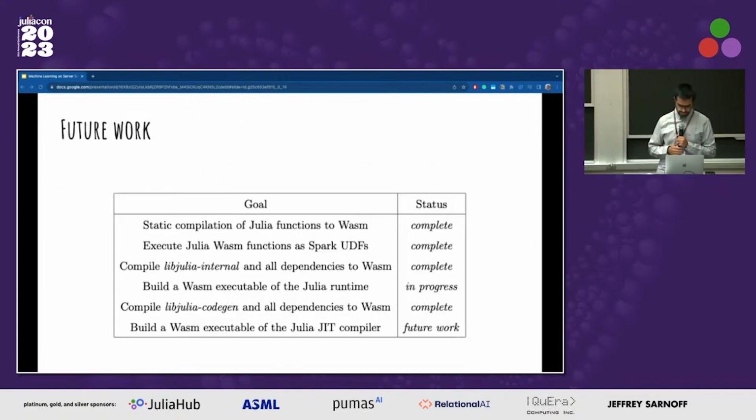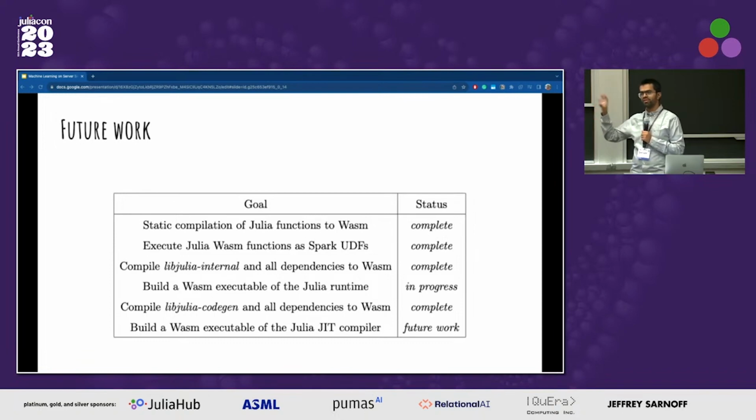And this is the roadmap for what the future work looks like. The static compilation that I described is complete today. Being able to create user-defined functions is also complete. What we see right now is being able to build a proper WebAssembly executable of the Julia runtime, which also covers the interpreter. That is somewhere in progress.